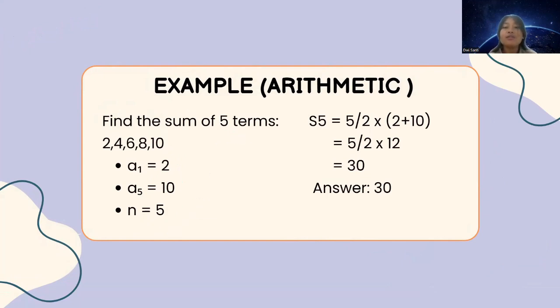Substitution into the formula: S5 equals 5 divided by 2 multiplied by (2 plus 10), equals 5 divided by 2 multiplied by 12, equals 30. The answer for the arithmetic series example is 30.